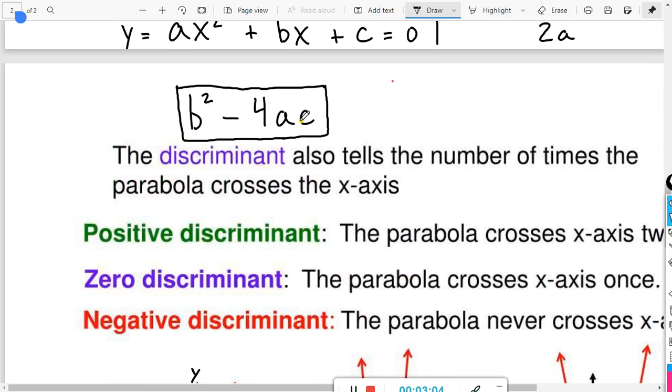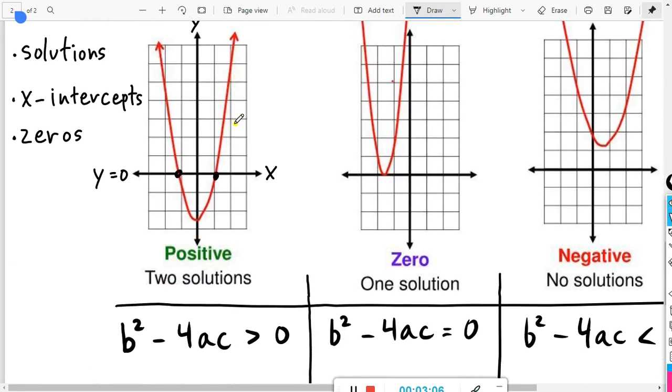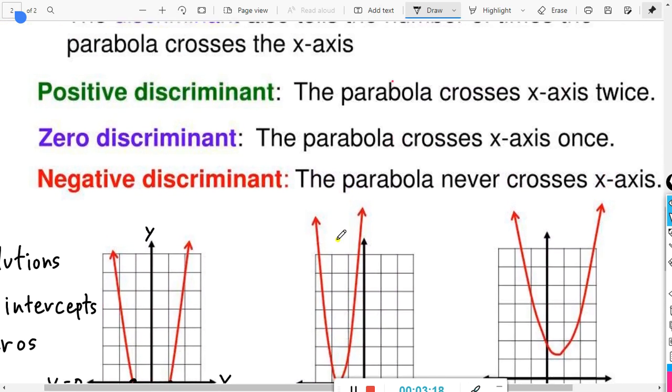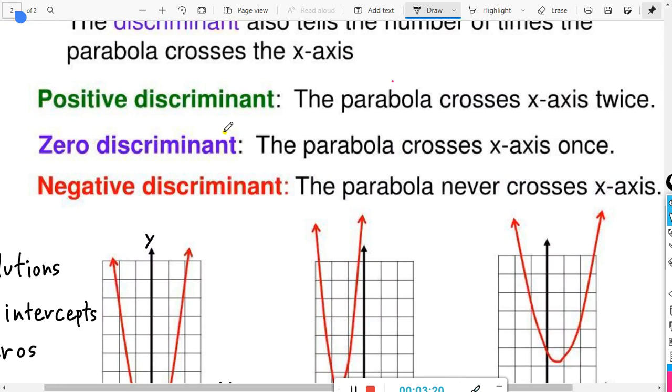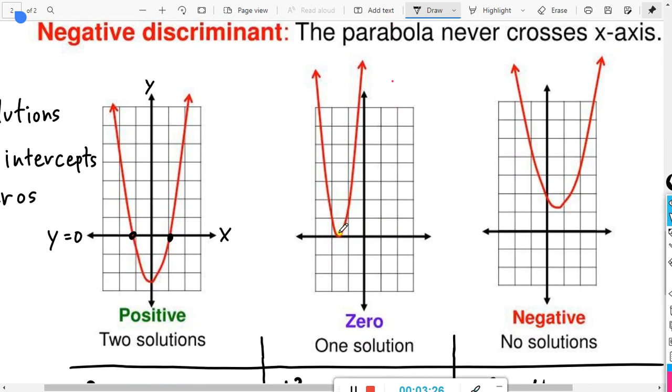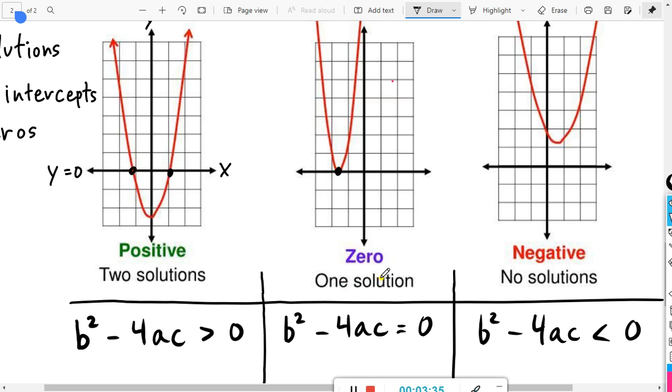Anyhow, when the discriminant is positive, that means there are 2 solutions, basically 2 real solutions. In the second case, when the discriminant is 0, the parabola crosses the x-axis once. So right here is the point where the parabola crosses the x-axis, and in that case, there is 1 solution.